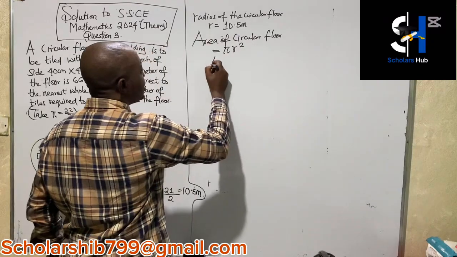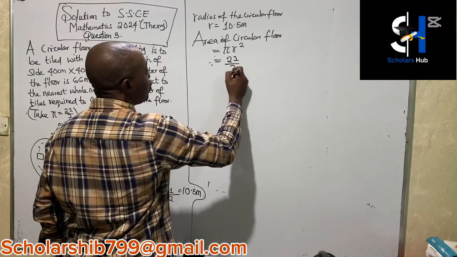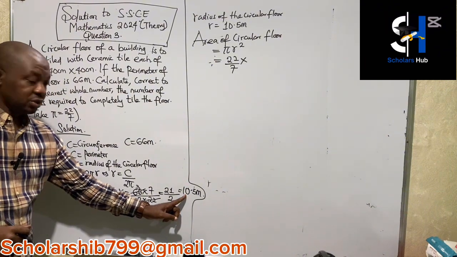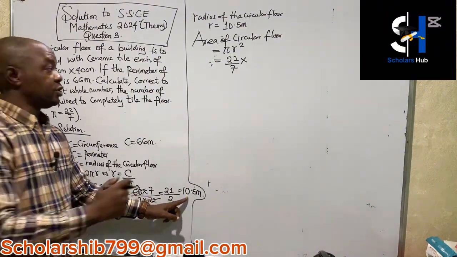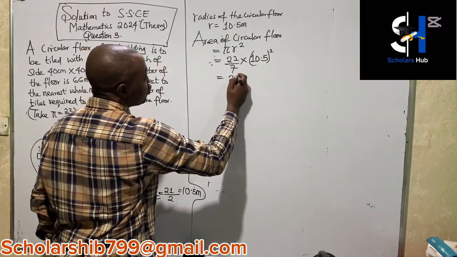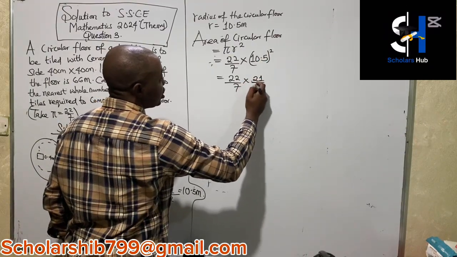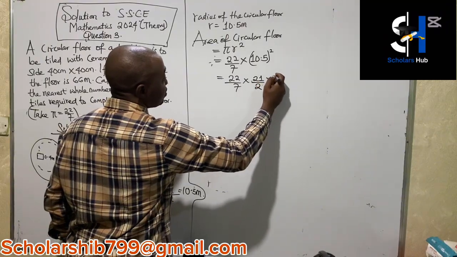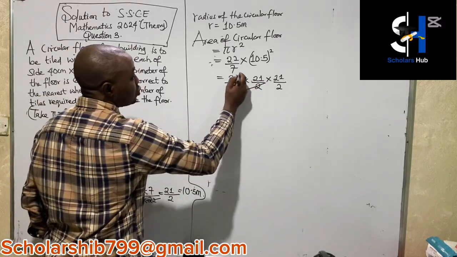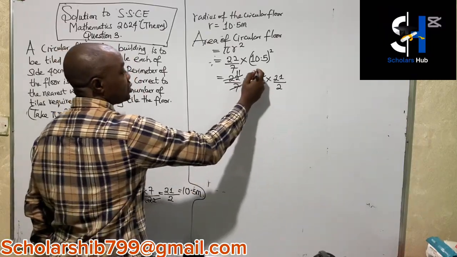So the area of the circular floor will be equal to 22 over 7 multiplied by 10.5 raised to the power of 2, since we just calculated the radius to be 10.5. This is 22 over 7 multiplied by 21 over 2 multiplied by 21 over 2. So 22 divided by 2 is 11, and 21 divided by 7 is 3.